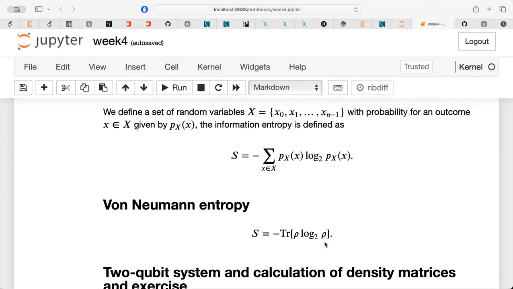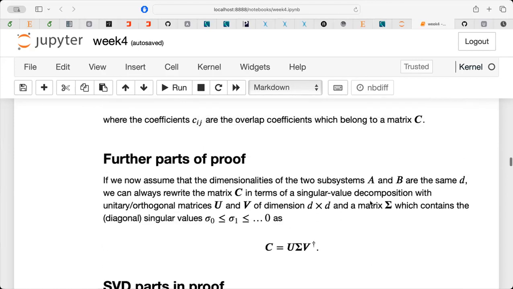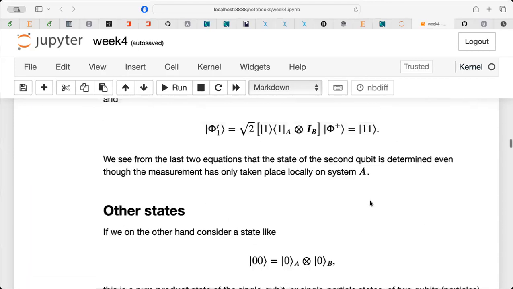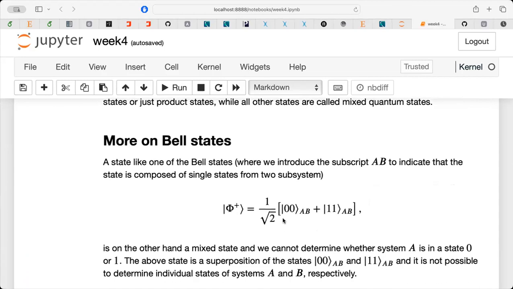So if we now are in a pure state, so if you go back to the Bell state which we had, this Bell state here, this is a pure state, even if it's entangled, because we know that we are explicitly in this state. So if you prepare the system, you know that it's a superposition of these two states.